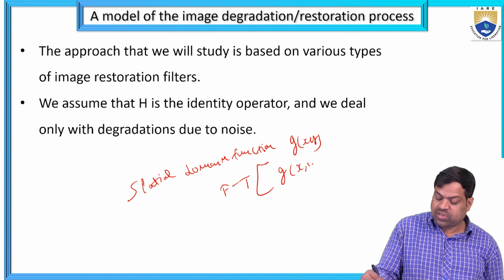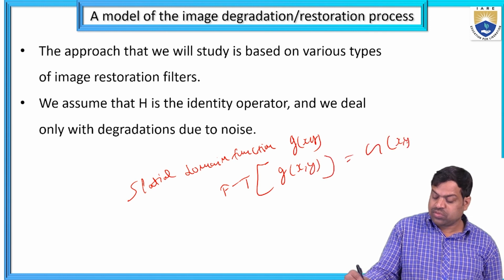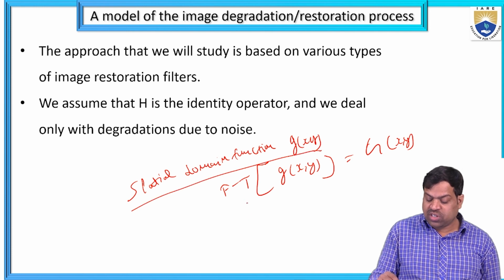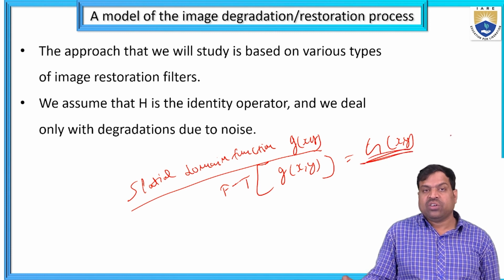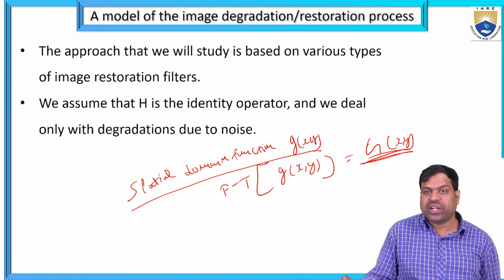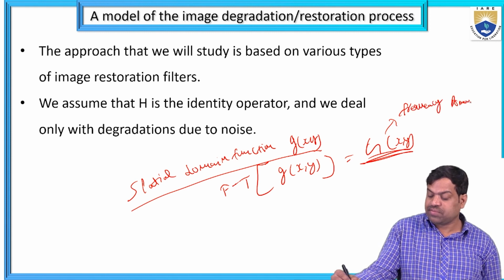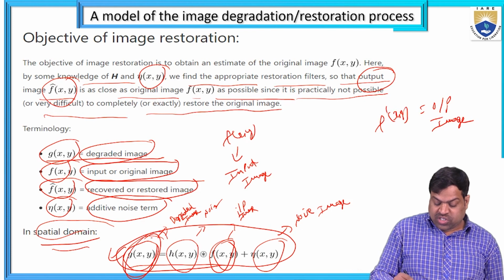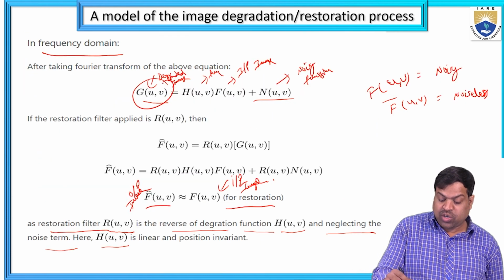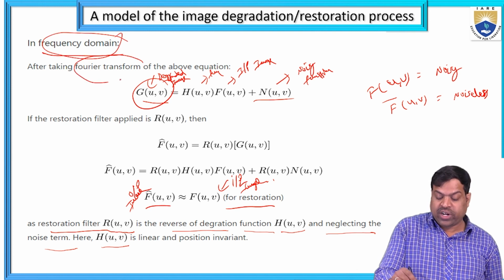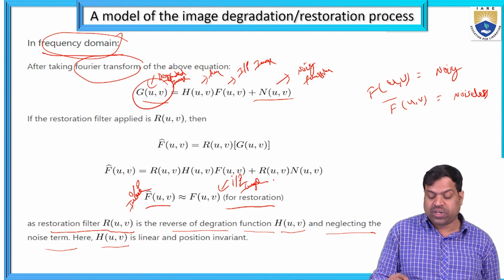When applying the Fourier transform to g(x, y), we get capital G(u, v). So g(x, y) is the spatial domain function and capital G(u, v) is the frequency domain function.